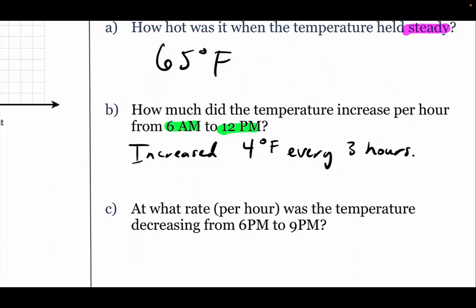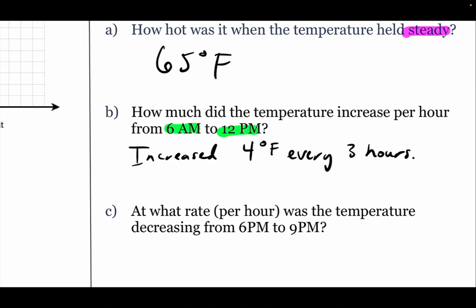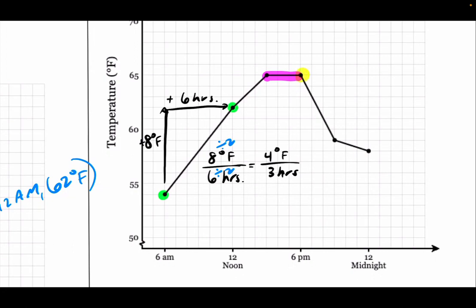Letter C wants to know the same question except different time. So it's going to decrease from 6 to 9. Well, let me go find 6 and 9. 6 p.m.'s right here. 9 p.m.'s right here. So yellow to yellow. So that's 3 hours, right?